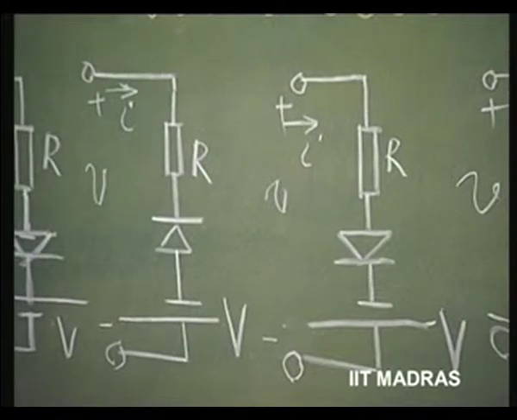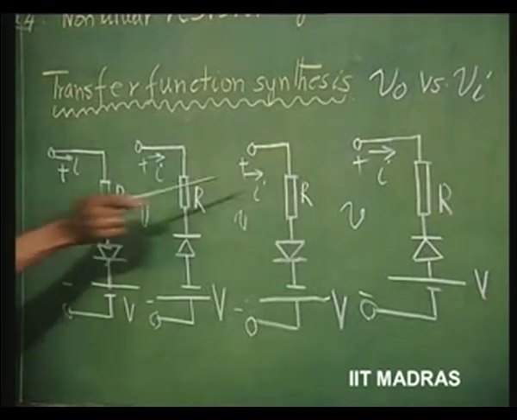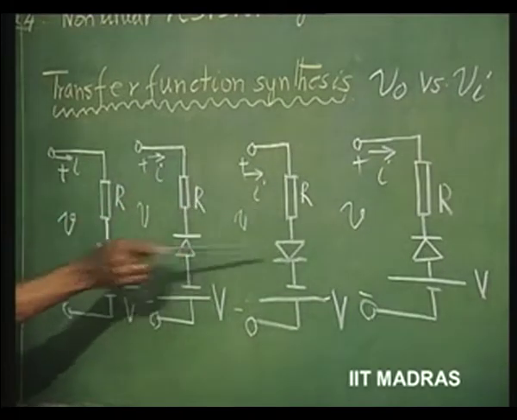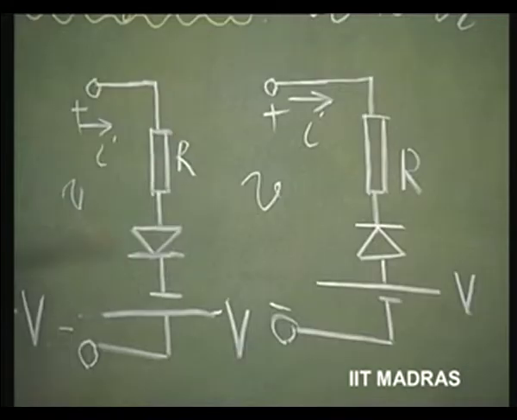Now, the other two combinations which we had not used in the example are these. The resistor remains the same and the diode direction remains the same, and therefore the current direction possible is only this. So, this current is positive, but this resistor comes into picture for voltages more positive than minus 1 volt.